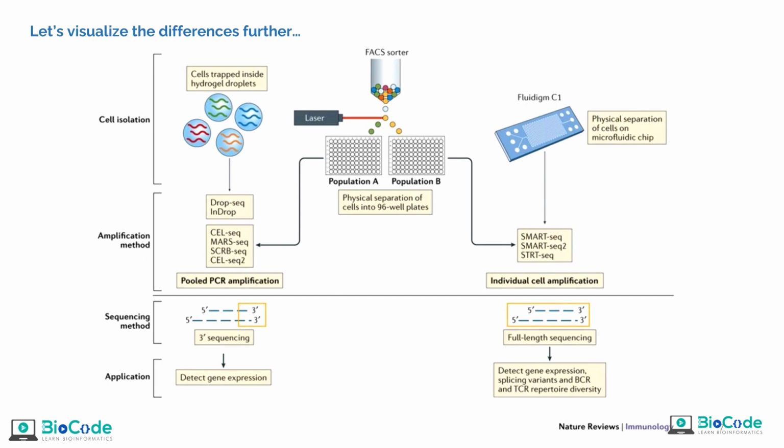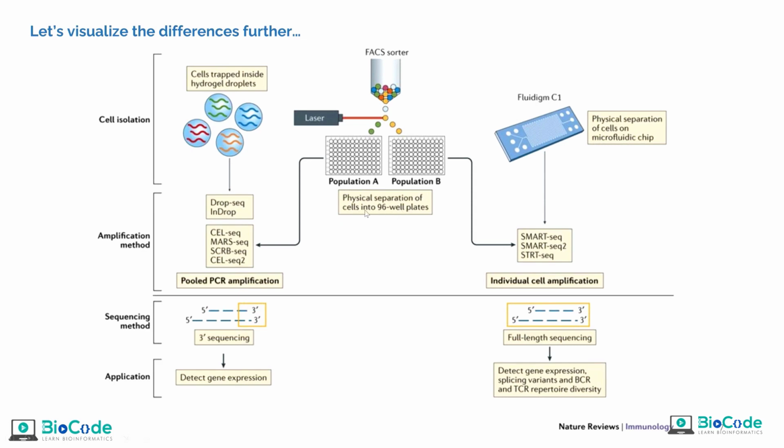So let's visualize the difference further. Imagine that we have cells, we have taken a tissue and we utilize a FACS sorter, which is basically a machine. We will discuss how the lysis is done in the further videos. So this machine basically is able to utilize a laser mechanism to identify and sort the cells into multiple different populations of cells.